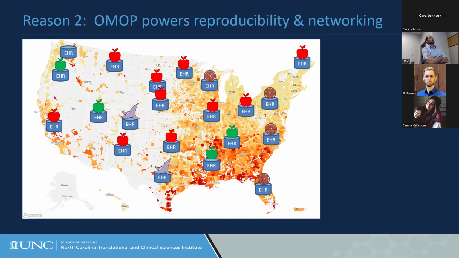Well, no, because obviously there are different platforms and vendor-based tools for EHRs. You think about Allscripts versus Cerner versus Epic. But even then, as is represented here by green apples versus red apples, simply being on the same platform is not sufficient to facilitate data sharing between sites.